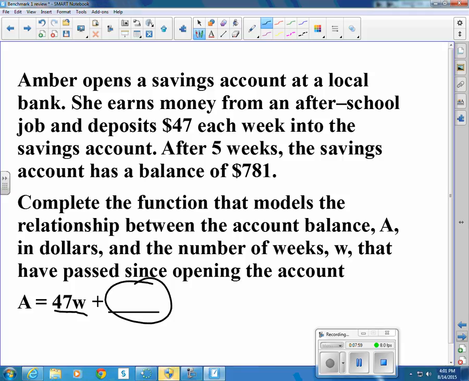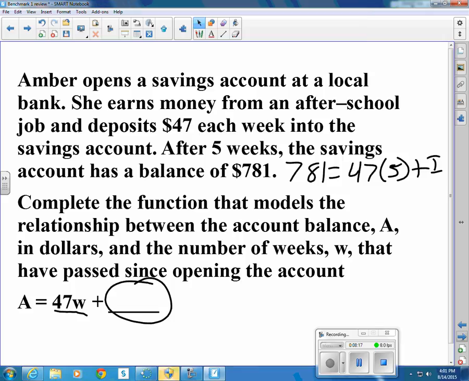So we know that her account is 781 when the number of weeks is 5. So 47 times 5 plus, what do we want to call it? The initial amount. Okay, so 47 times 5 is 235.